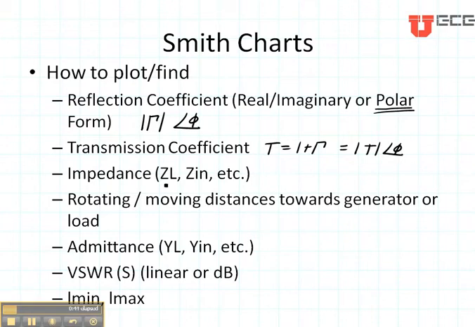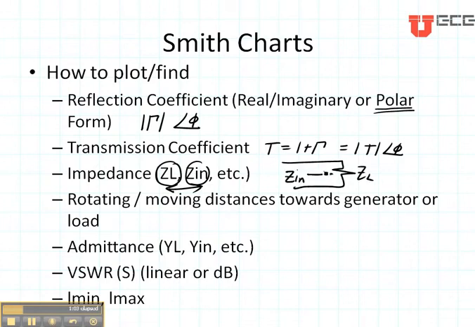The impedance, typically we're looking for the impedance at the load or the impedance at the input, and we like to be able to go back and forth between these two calculations. We can do that by looking at a picture of our transmission line and realizing if we have Zin and want to get ZL, we're going to be moving towards the load, and if we have ZL and want to get Zin, we're going to be moving towards the generator.